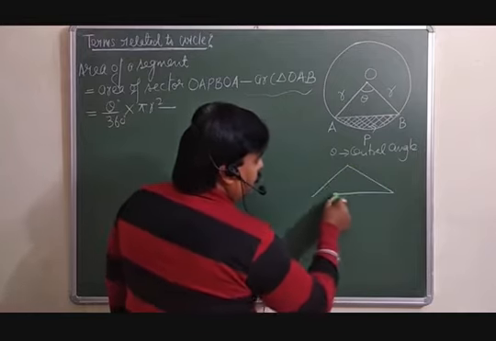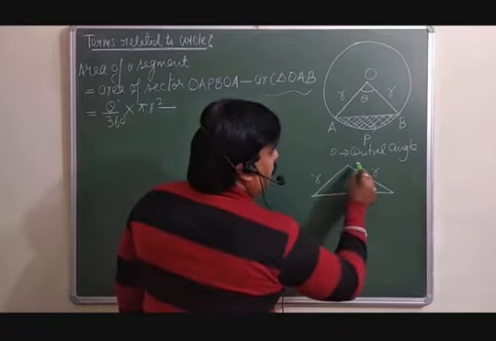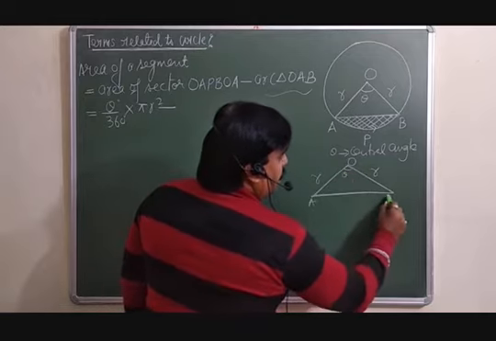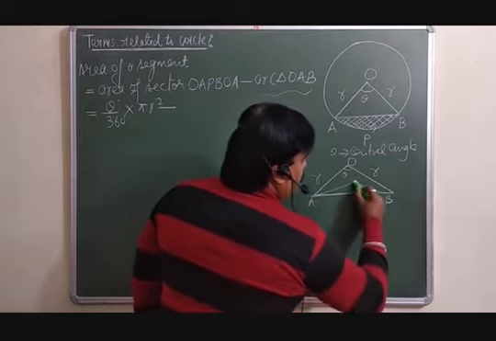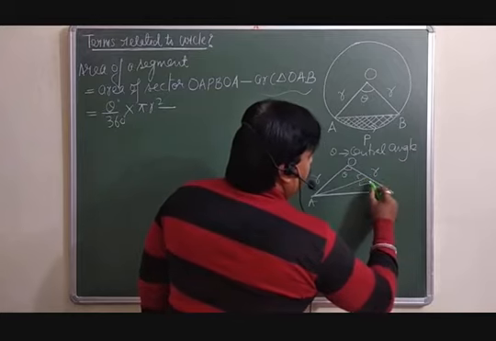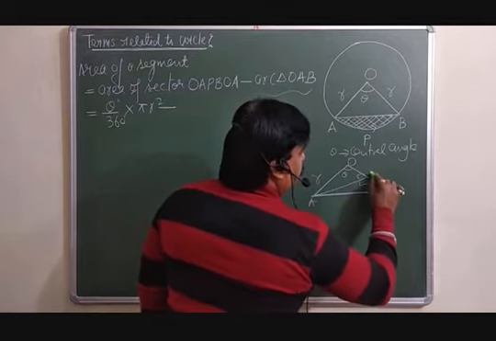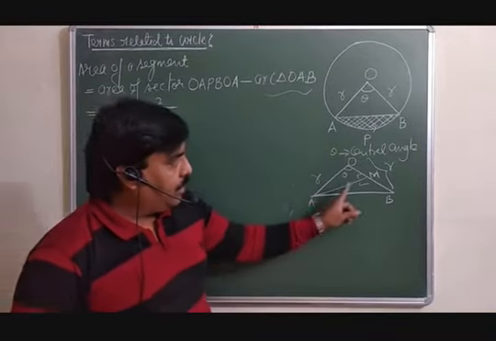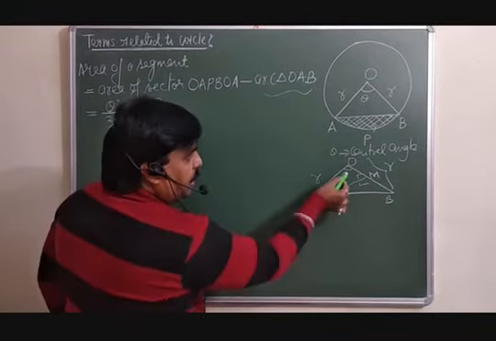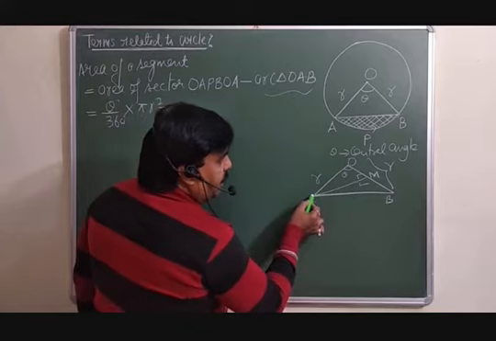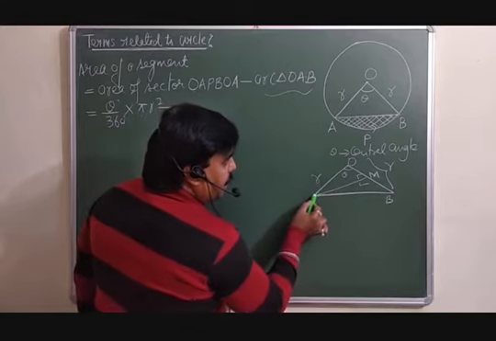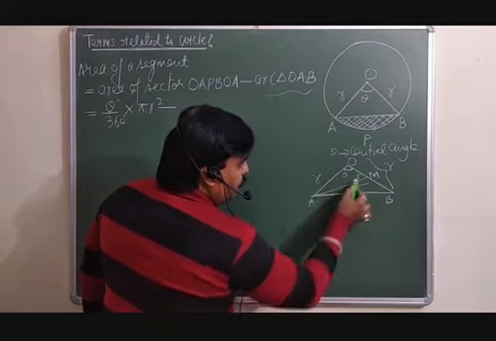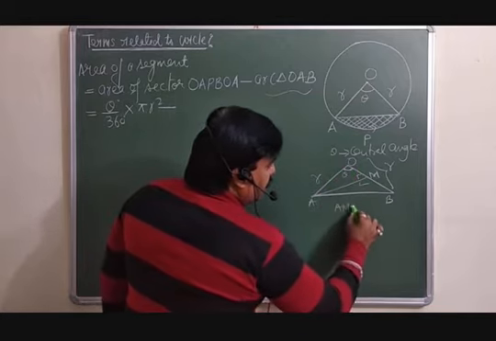This is your OAB. This is R. This is O. This angle theta. This is your AB. क्या करेंगे? What we will do? We will draw the perpendicular here only, at this OB, that is M. This is your radius R. You are supposed to draw the perpendicular from the point A to OB. See now, in triangle AMO, अब इस triangle में देखिए AMO में, for this angle, this AM is working as a perpendicular.